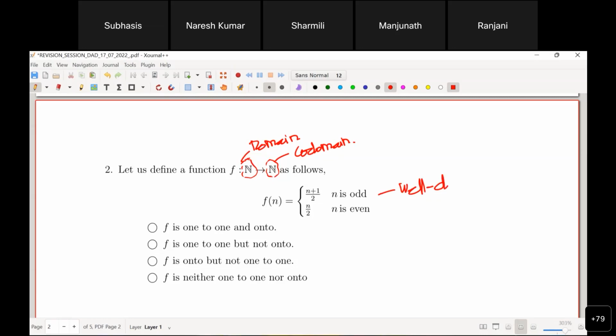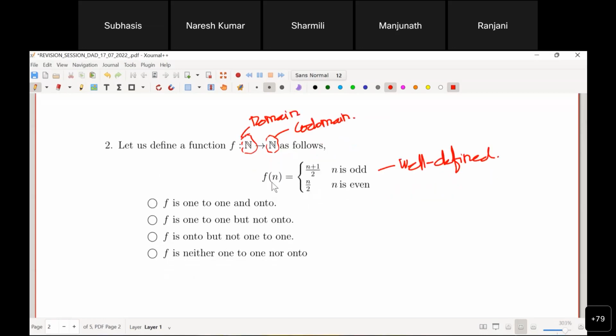The main aim is to check whether this map is 1-1 and onto. I need to check two conditions: first whether this map is 1-1, the second whether this map is onto. So any idea how to check whether this map is 1-1 or not?